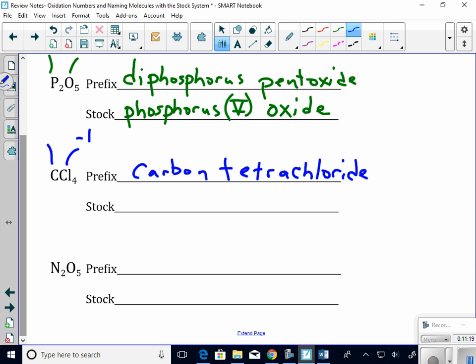Copper is not on this one, but carbon is. Carbon's going to be a +4, right? So I'm going to get carbon 4 chloride.